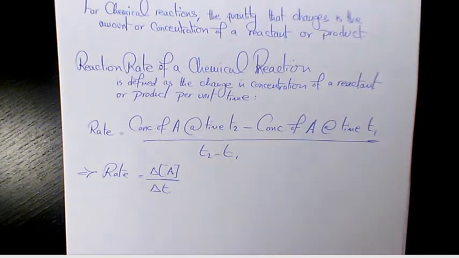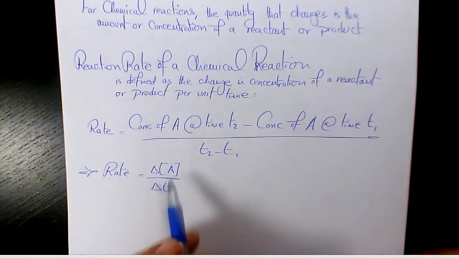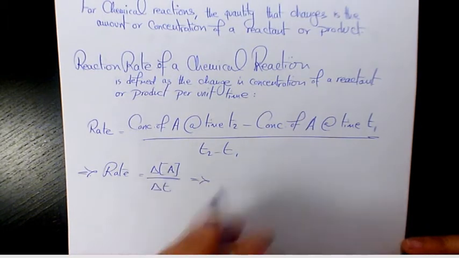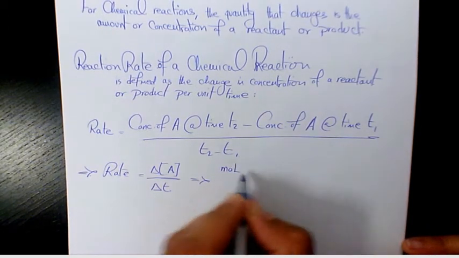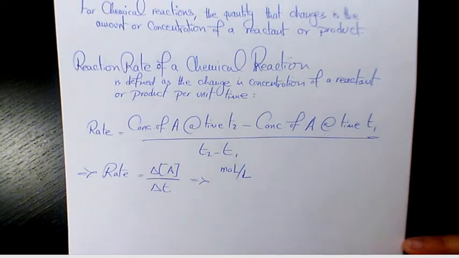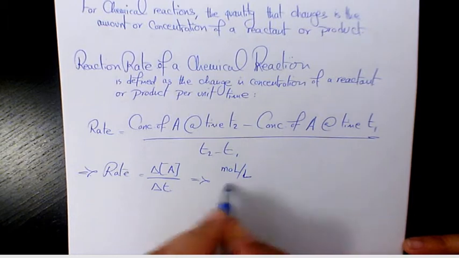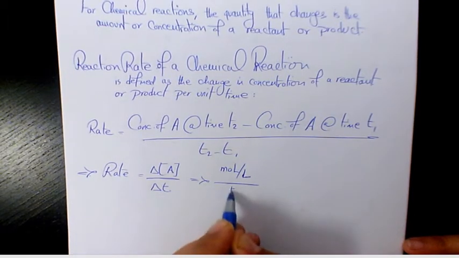Whenever we are dealing with molar concentration, we need to put this bracket there. So change in molar concentration, and the molar concentration is mole per liter. That's the unit for molar concentration, mole per liter, which is the number of moles of solute dissolved in the volume of solution, per time.